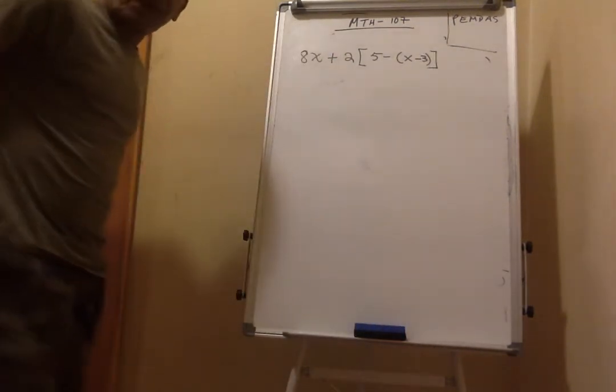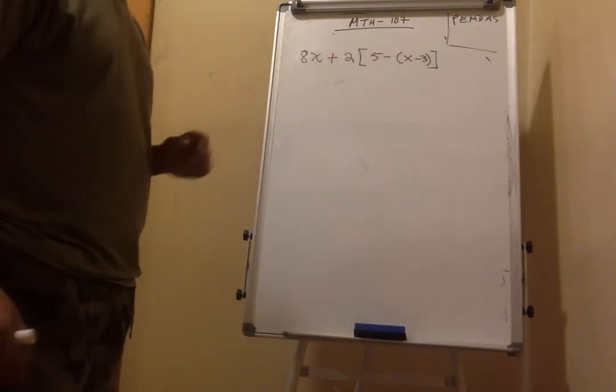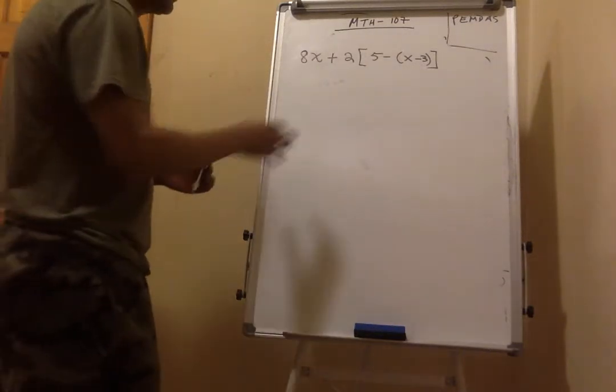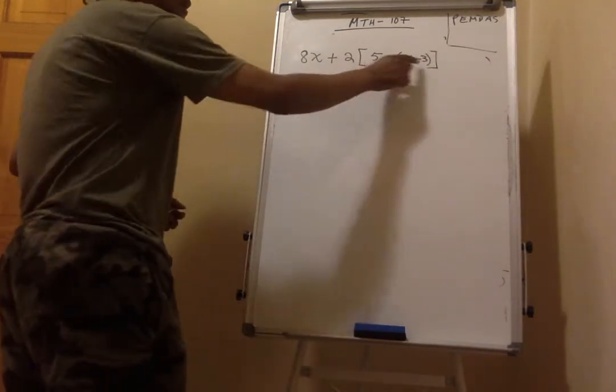Let's try to simplify this. Look, we have a bracket and we have a parenthesis. First and foremost, we have to simplify everything inside the bracket.